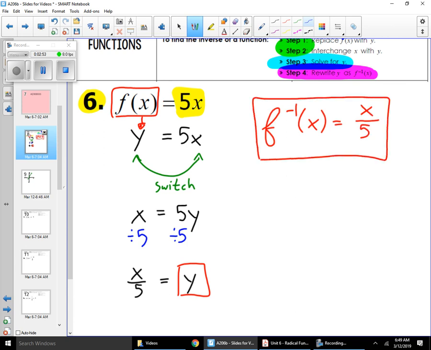Note that inverse functions have inverse operations in them. My original function had a times 5. This one has a divide by 5. So when you're looking at a function and its inverse, you should see a bunch of relationships like that. Inverse operations show up inside of inverse functions.